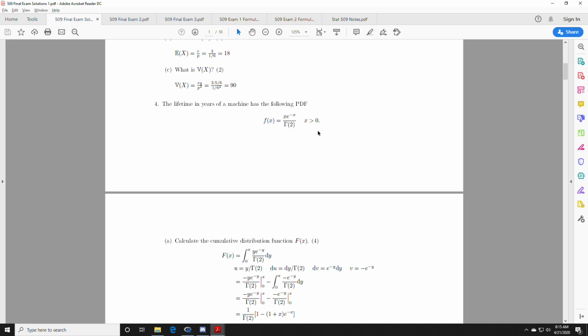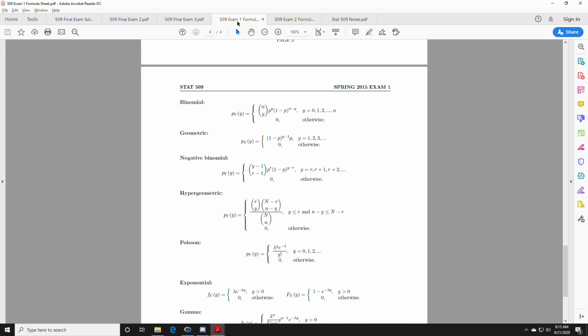The lifetime of a machine looks like this. First off, it says PDF, but we should be able to realize that it is not a PMF because the support is continuous. It doesn't say it's a named distribution, but if I look at it, it looks pretty similar to a named distribution.